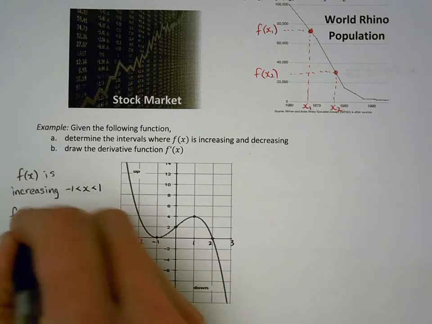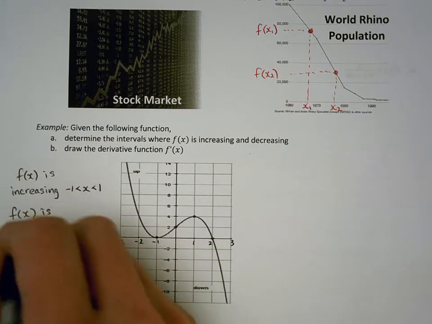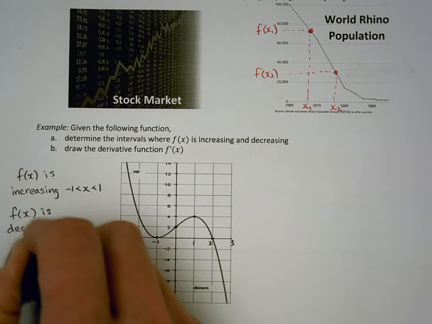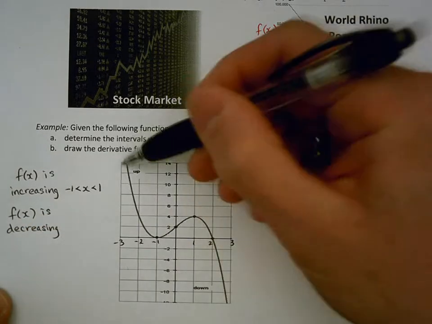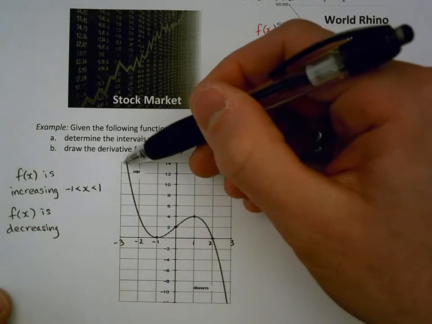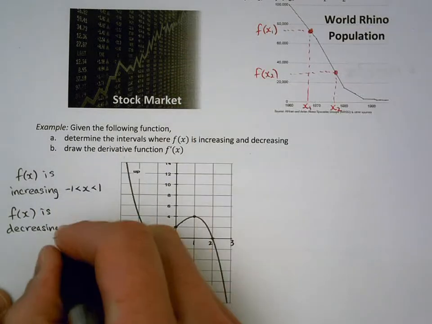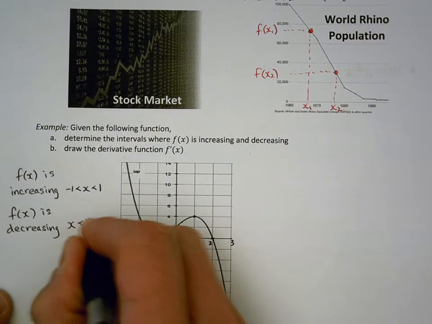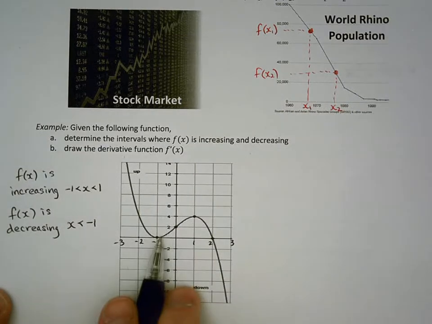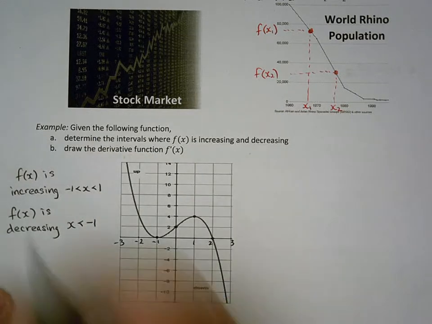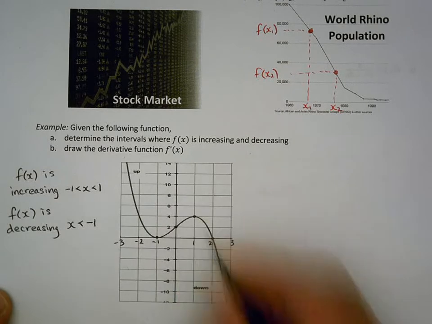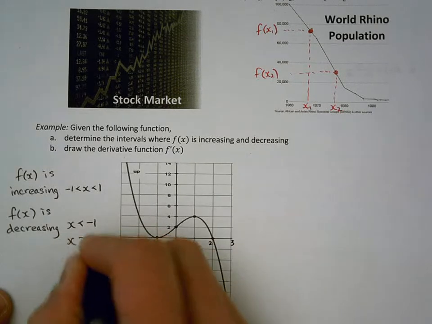This kind of format is very common when we're talking about ranges. Similarly, we can say that f at x is decreasing. Well, if I look at this graph, it's going down here. So from -infinity all the way to -1. So that is x is less than -1. Anything less than -1, the graph is going down. And anything greater than 1, the graph is going down.